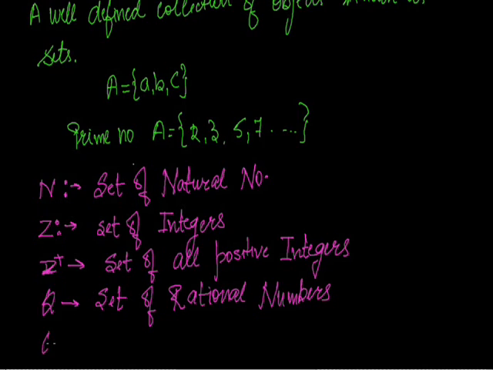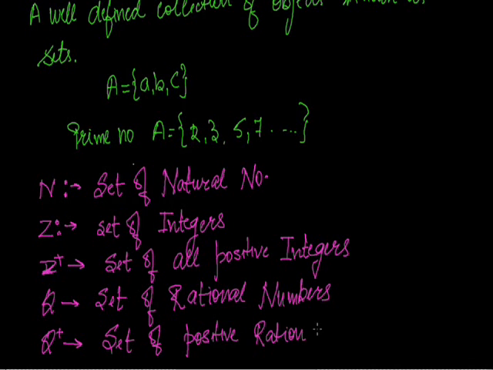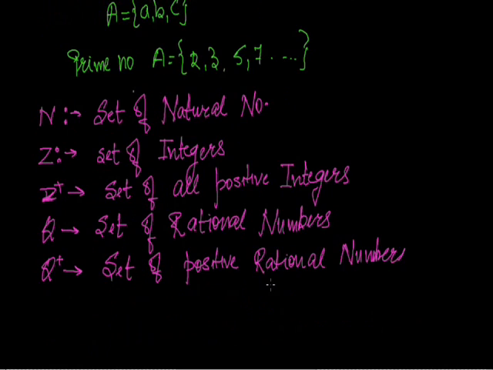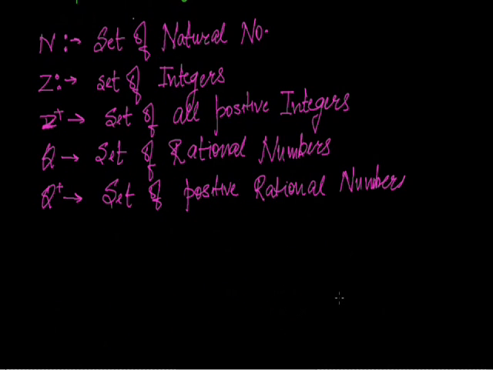And Q plus stands for the set of positive rational numbers. These are the set of natural numbers, set of integers, set of all positive integers, set of rational numbers, set of positive rational numbers. Next comes R.